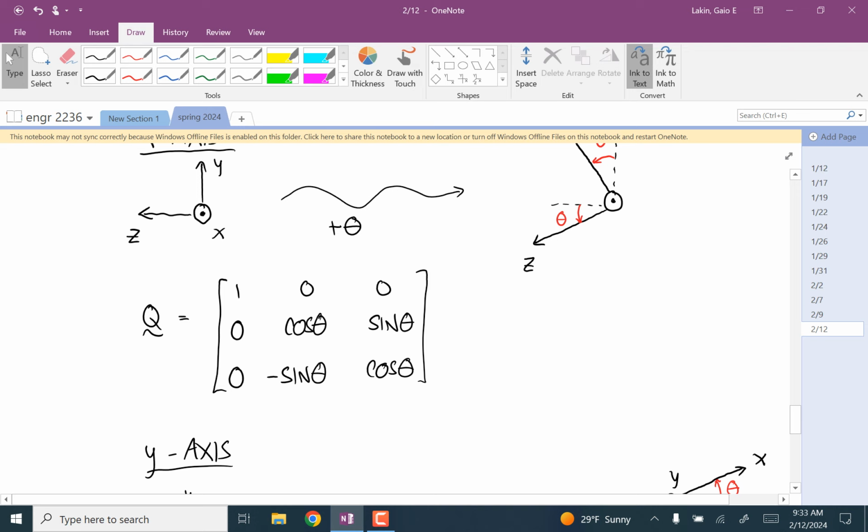There are 4 spots left because there are 9 spots in this matrix. For x and z, they go cosine, sine, negative sine, cosine, in that order in those 4 spots. Y switches which one of the signs is negative, but other than that, it's a pattern that you can identify.